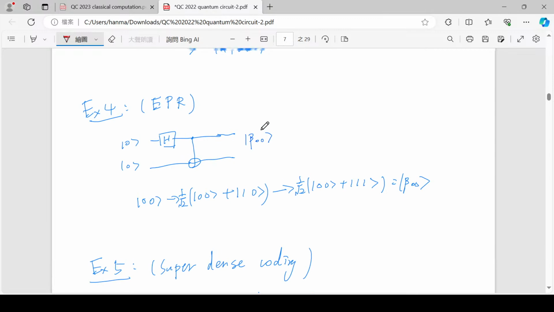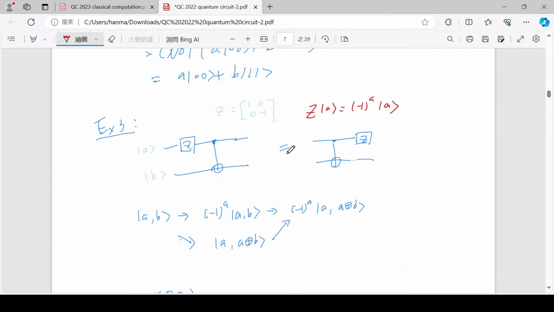And so what Z does on the computational basis, you can check it here quickly. So Z on 0 is still 0, you do nothing, and minus 1 to the 0 is nothing. And Z on 1 is minus 1 times 1.